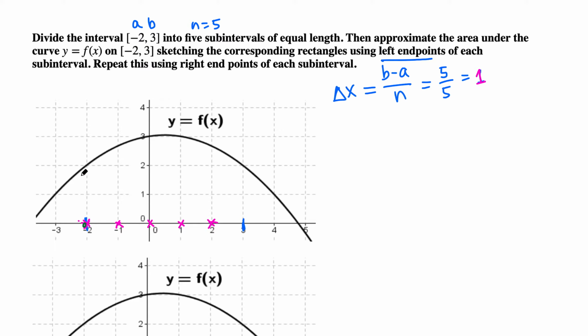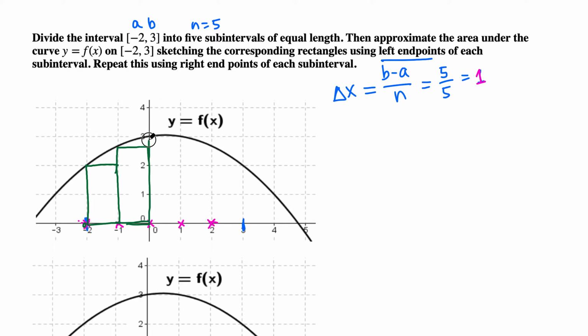So from this one we go up to the curve and draw parallel to the x-axis. The grid is given, so just follow that. So this is the first rectangle, based on the height at -2. Now do the same thing based on -1. So from here go up to the curve and go down here.